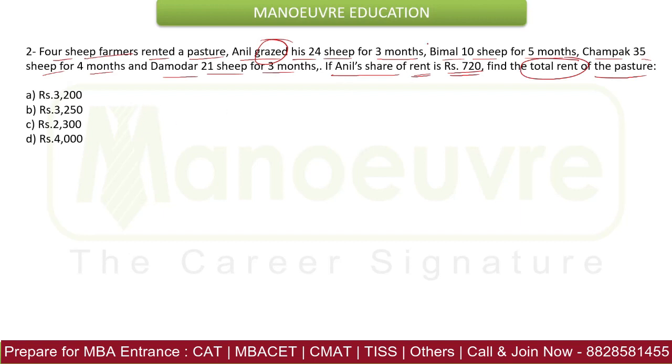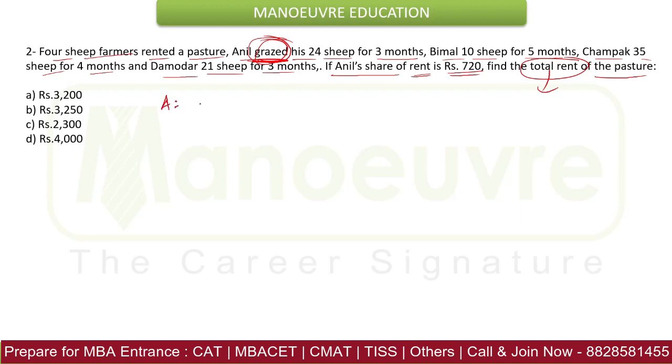Okay, now to find the total rent of the pasture, we need to find the ratio of the duration for which these 4 people have grazed their sheep.